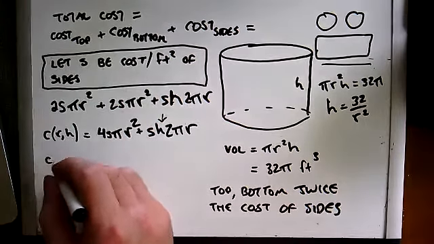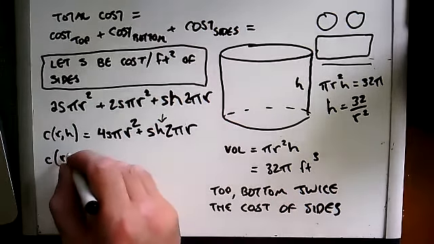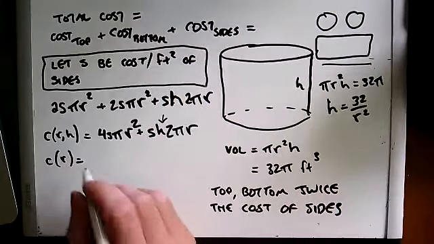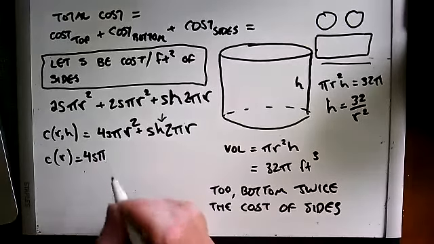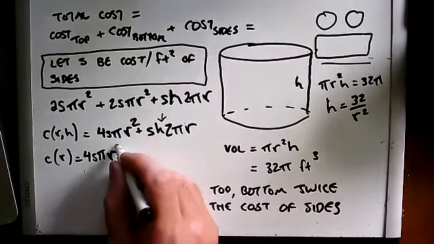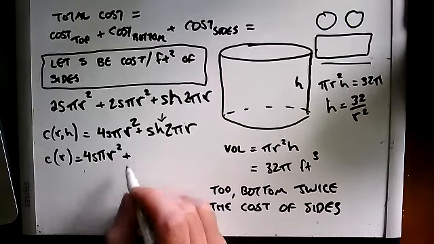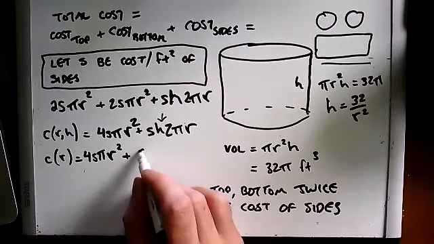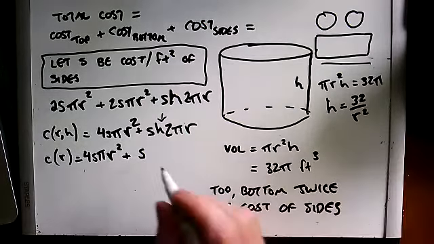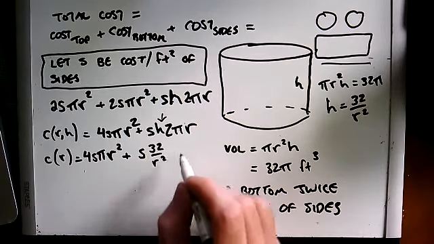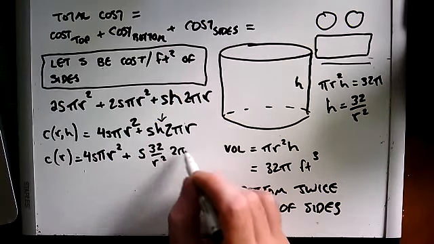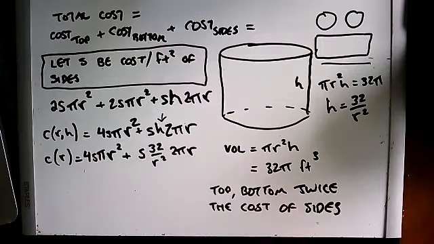And so now we have a cost model that's just a function of radius. So 4s pi r squared plus s times 32 over r squared times 2 pi r.